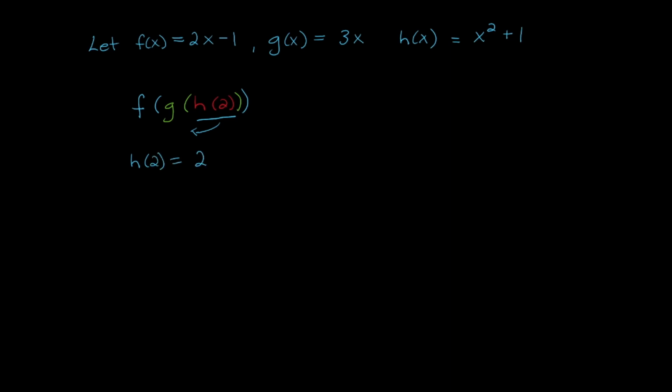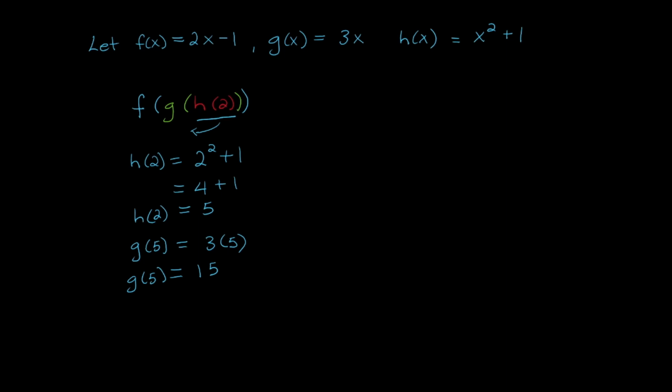That should be 2 squared plus 1, which is 4 plus 1, so h of 2 is equal to 5. Now that we found h of 2, we can plug that value into our function g. So g of 5 is equal to 3 times 5, or 15. So g of 5 is 15.